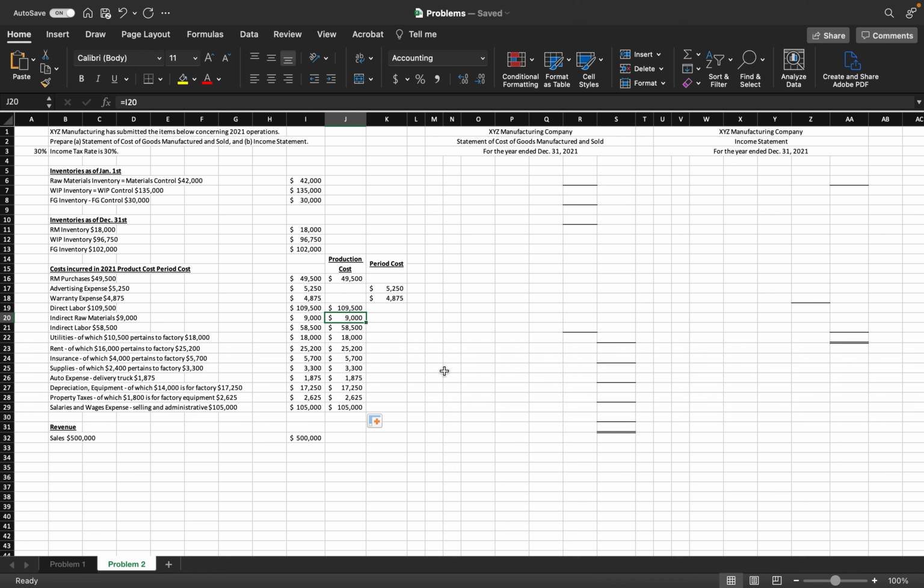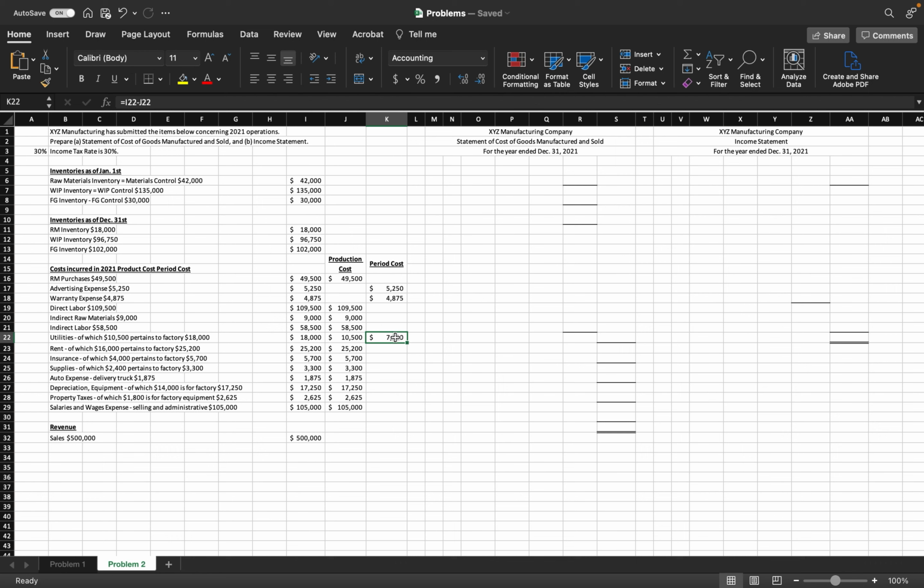So we know that that is indirect labor. Now for the utilities, they told us some of this pertains to the factory of the total. So we know that 10,500 pertains to the factory. So then the period portion would just be the subtraction of that.